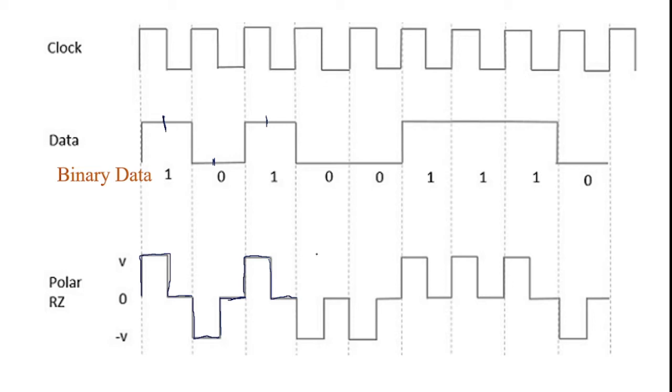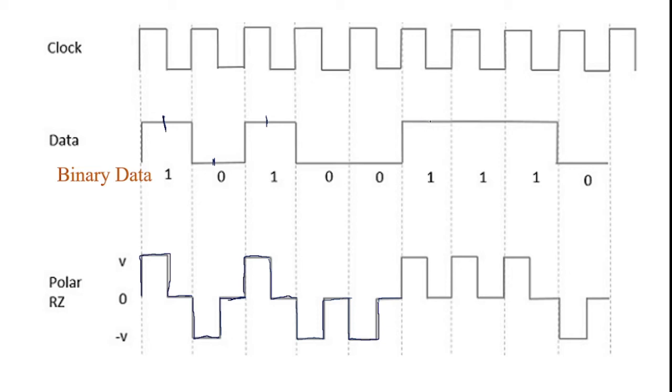And this is the low in data, and for the low in data, half of the bit duration has negative amplitude, and the remaining half of the bit duration is the absence of the pulse. And this is the low in data rate, and half of the bit duration is considered as negative amplitude, and the remaining half is the absence of the pulse.